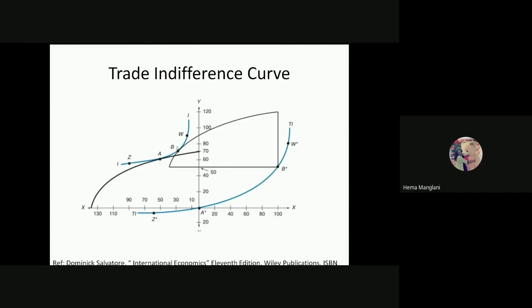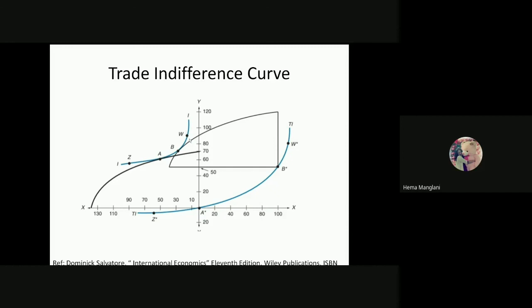We are trying to get, because this is outside of production possibility curve, this much of amount we are getting in exchange from the other countries. So actually this point would be located on the trade indifference curve. So this is our welfare gain. B star point, that is the welfare gain located on this trade indifference curve, which is hypothetically drawn with the production possibility curve here, which is actually not there.